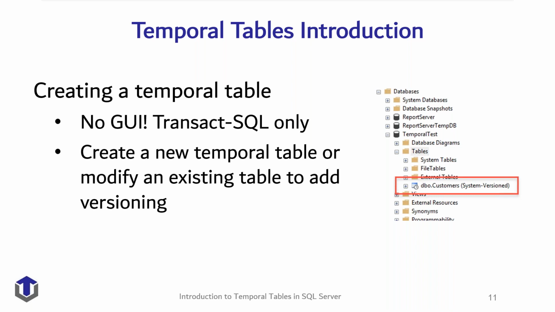You'll see the UI experience like you see here, where for this example where I've got in the red box, you've got customers that is enabled as a temporal table. It's going to show that decoration that it is system versioned, but you also lose the ability to manage that through the UI. So if you right click on that table, you can't go in like you can with a conventional table and see all the columns.